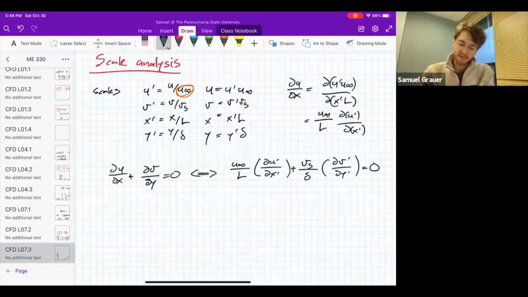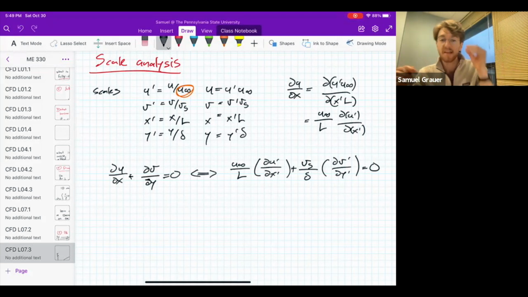And now what we'll notice is that these terms should all be of order 1, because we're trying to select scales that have that property. So we want scales where x is never going to be way larger than 1. It's not going to be 10 or something like that.